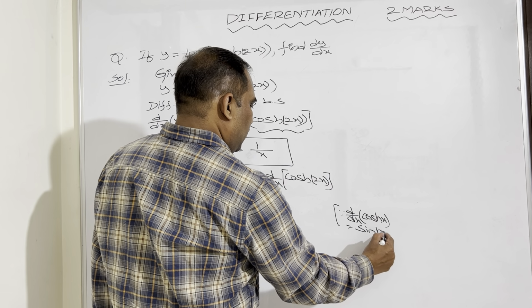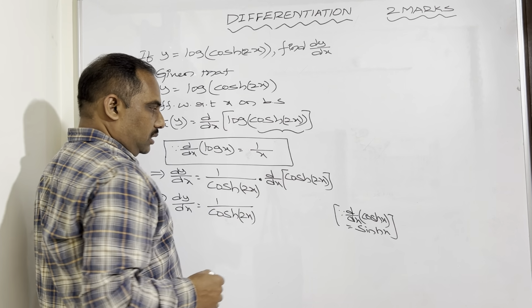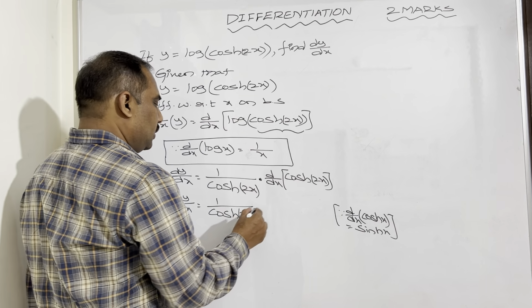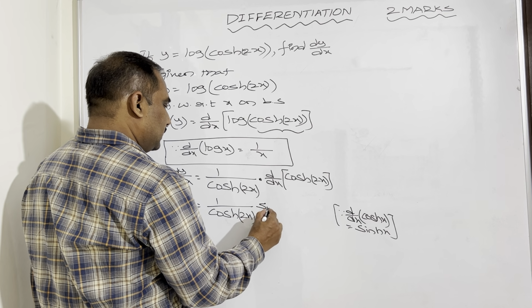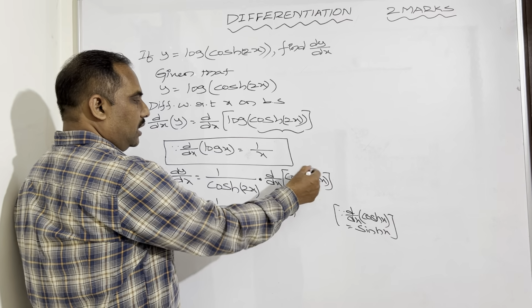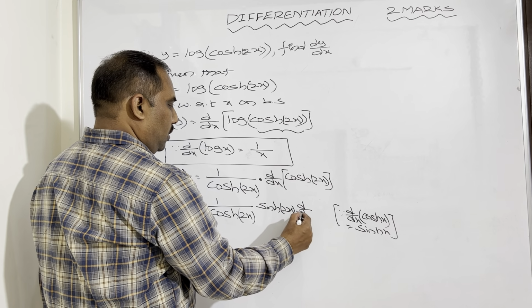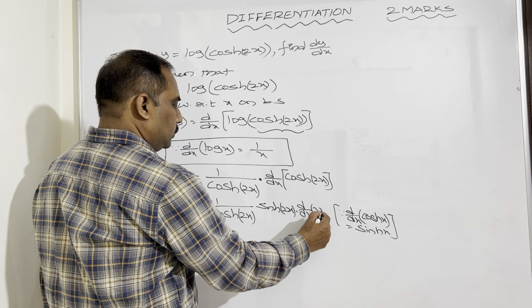Same like that, here we have to do the derivative of cos h 2x, which is also sin h 2x. Why? Because in place of x we have 2x, again we have to do the derivative of 2x also.